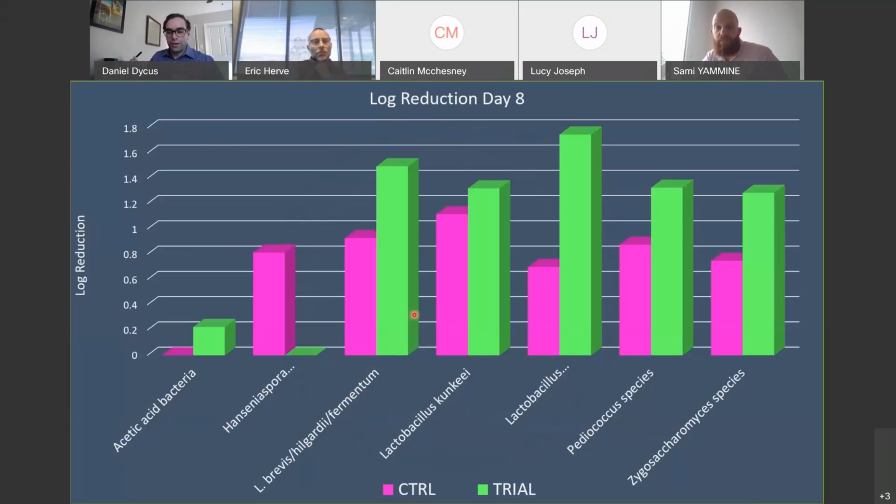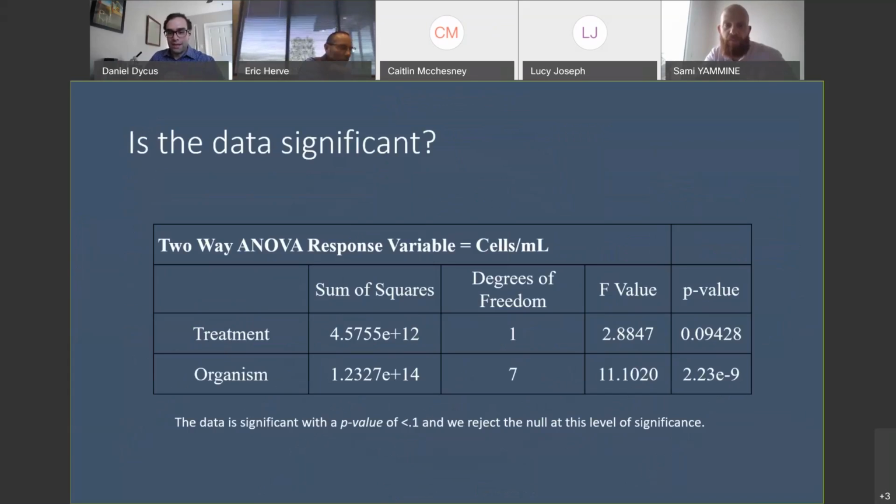but what I can tell you is that it looks like we get good results, and each of the organisms responds a little bit differently. But what I can tell you is that the data is significant. When we look at the 2 treatments, I performed ANOVA along with some various other statistical methods. We do get a level of significance between the 2 treatments at 0.09.